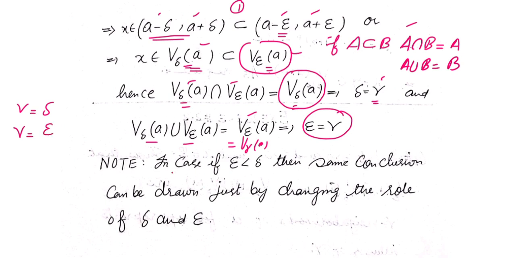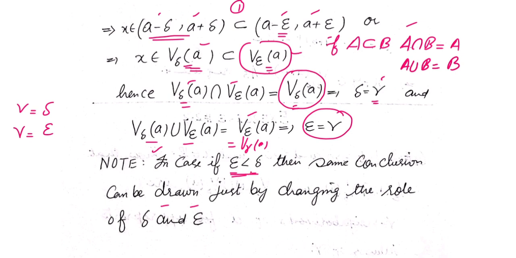Now similarly, for the second case, if epsilon is less than delta, then the same conclusion can be drawn just by changing the roles of delta and epsilon. So there is no need to solve this case separately in detail. You can write just these lines.